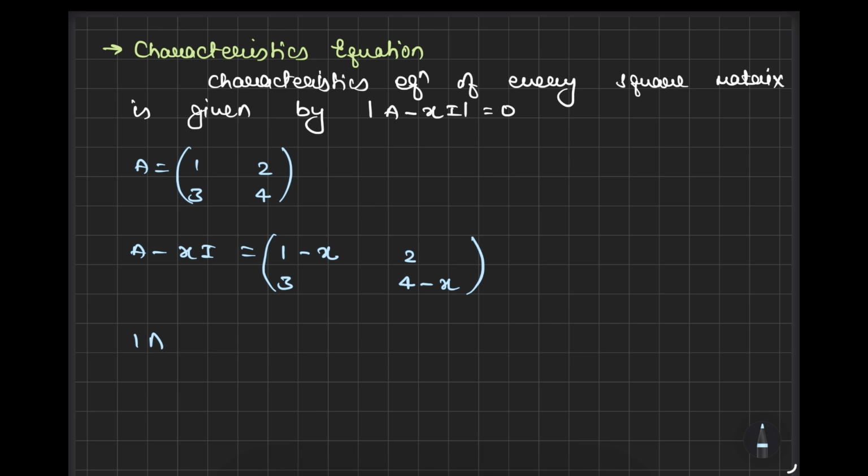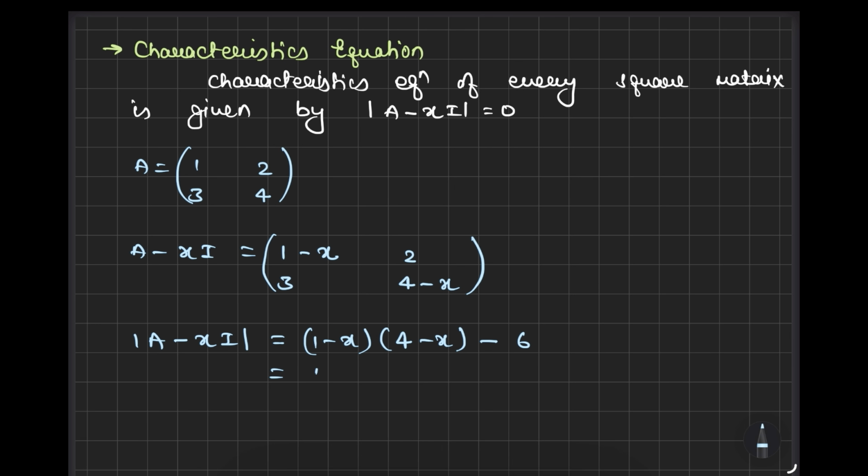So determinant means what? A minus xI. Okay, let's solve, it will create a problem, but for time being just try. So it is 1 minus x into 4 minus x. Why I'm telling you that it will create a problem, you will understand later. Minus 6. Okay, let's open this bracket.